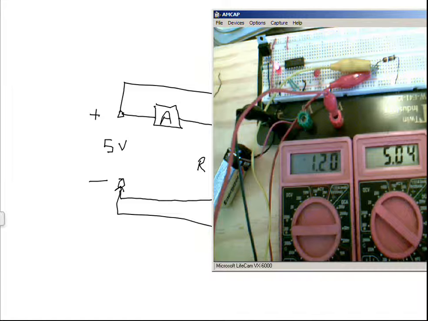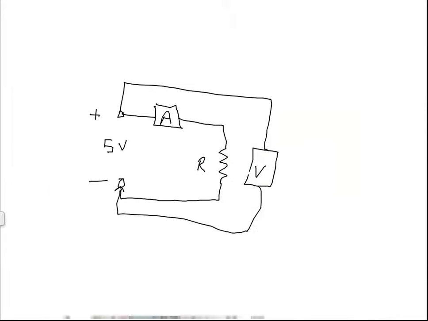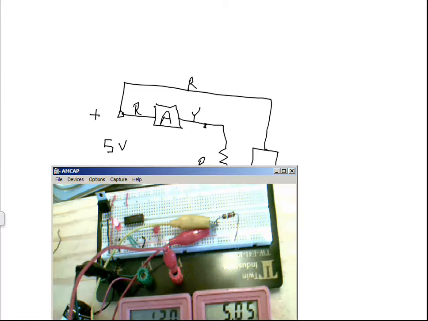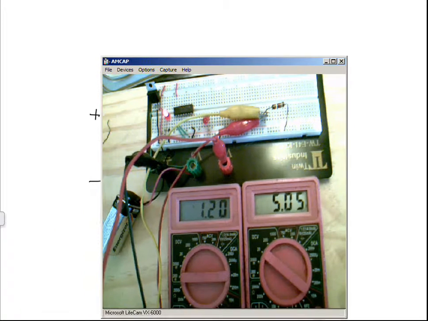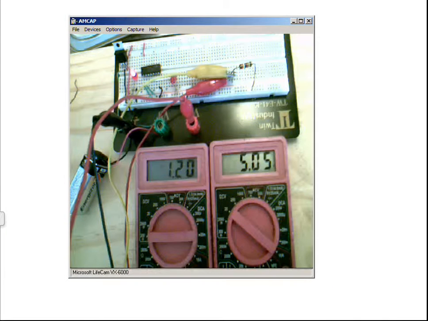So that's a red, that's a yellow, that's a red, that's a black, and from here to here is just the leads to the resistor. And then the resistor goes into the ground bus, which is directly connected to the black terminal here.